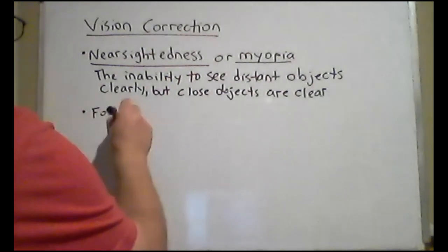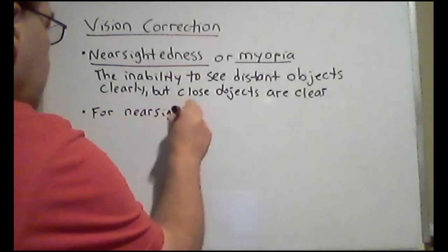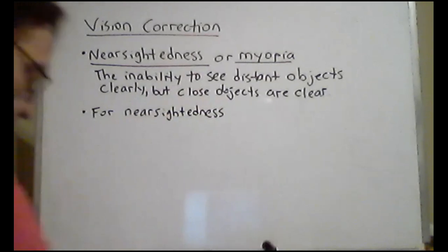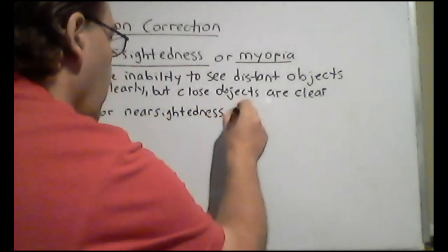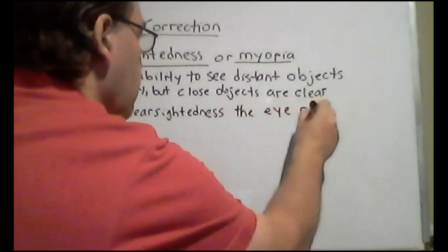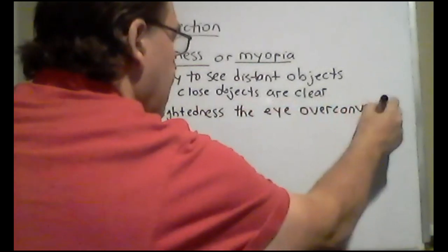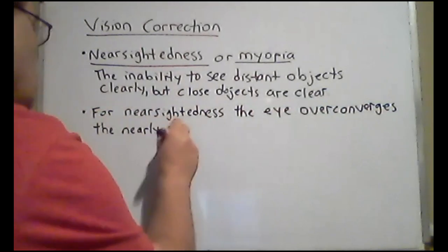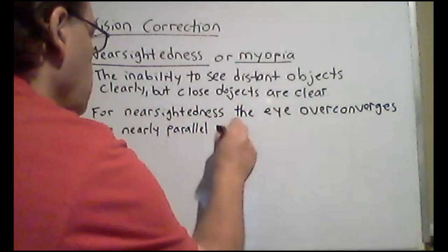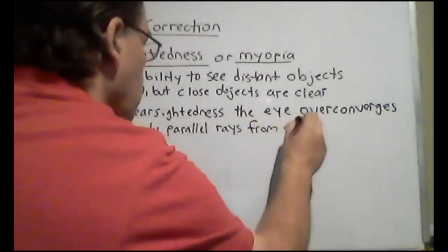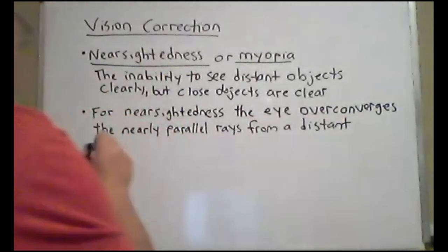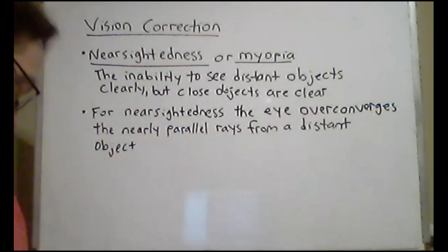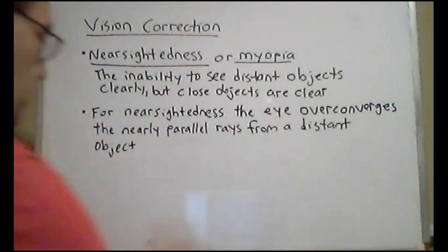For nearsightedness, the eye over converges the nearly parallel rays from a distant object, and the rays actually cross in front of the retina. They don't actually make it to the retina, they cross in front of the retina.